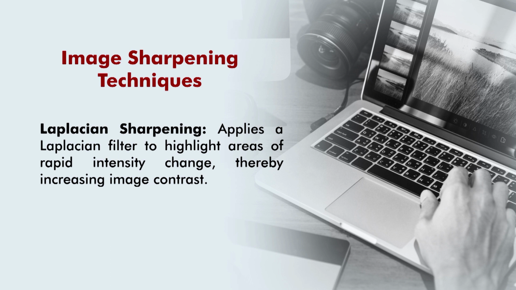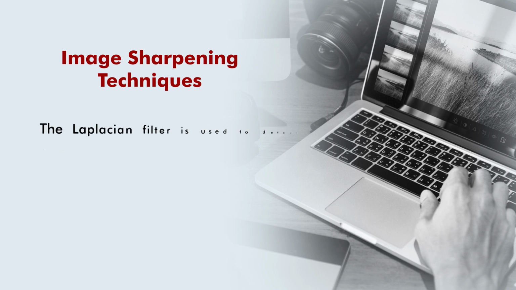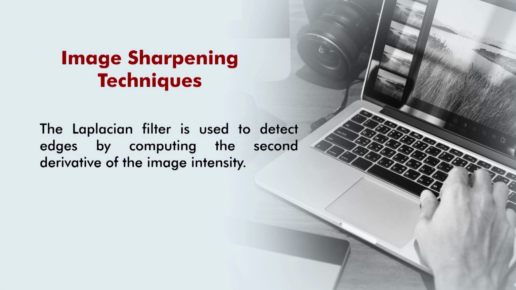Second type is called Laplacian sharpening. It applies a Laplacian filter to highlight areas of rapid intensity change, thereby increasing image contrast. The Laplacian filter is used to detect edges by computing the second derivative of the image intensity.